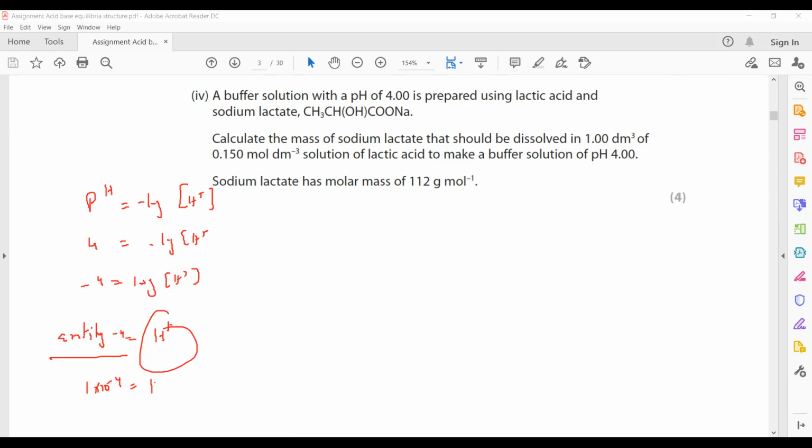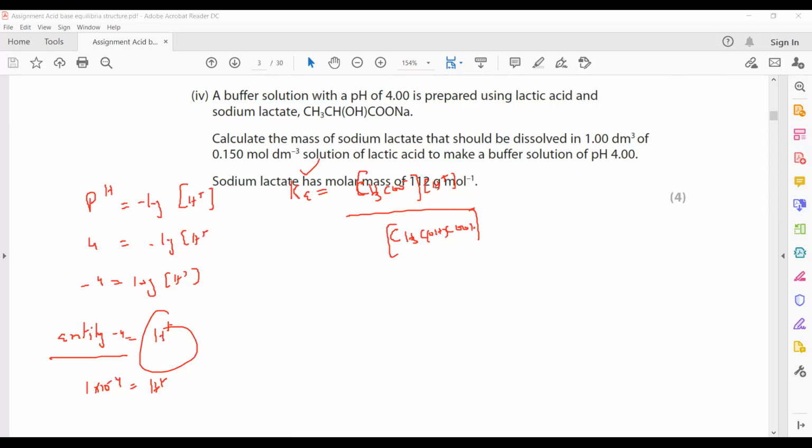That's the hydrogen ion. Now we have the formula for the dissociation constant for lactic acid. It will dissociate into lactate ion. So this lactate ion is because of lactic acid as well as because of the salt, divided by the concentration of acid.